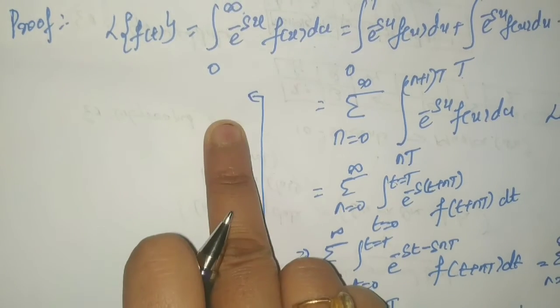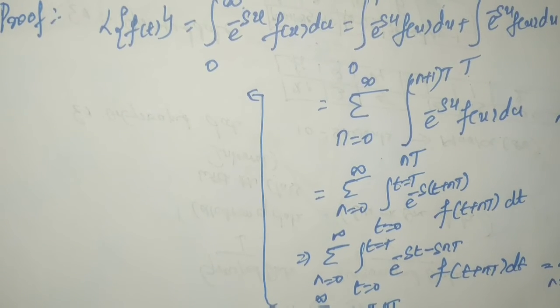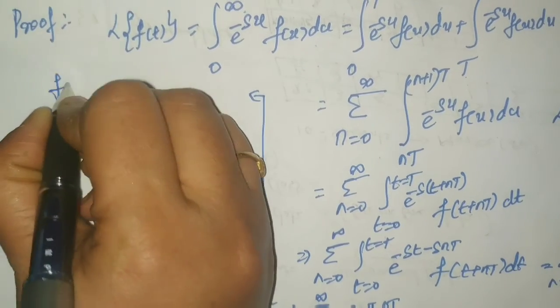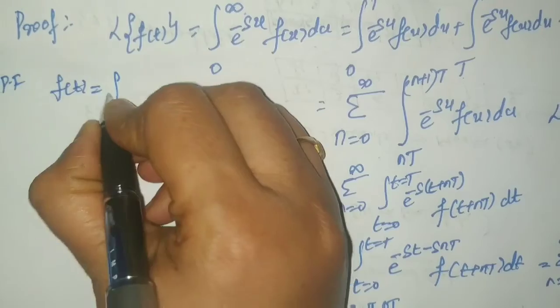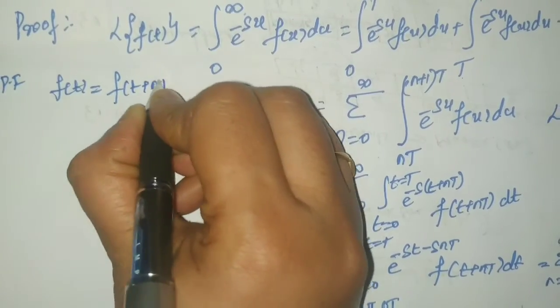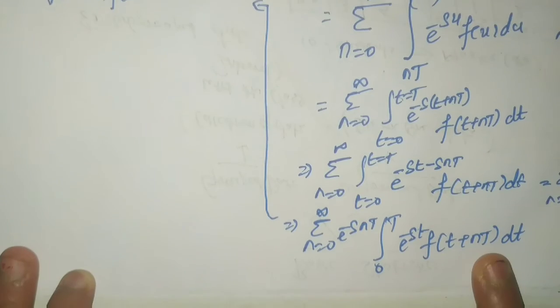So I am continuing the step here. You can see by the definition of periodic function, f of t can be written as f of (t plus nT), right? So this I am going to substitute in our last step.